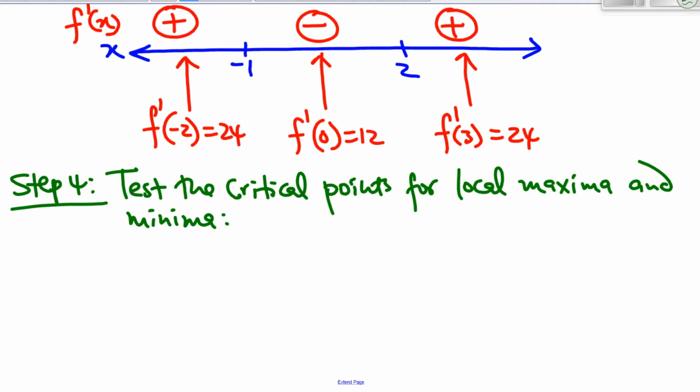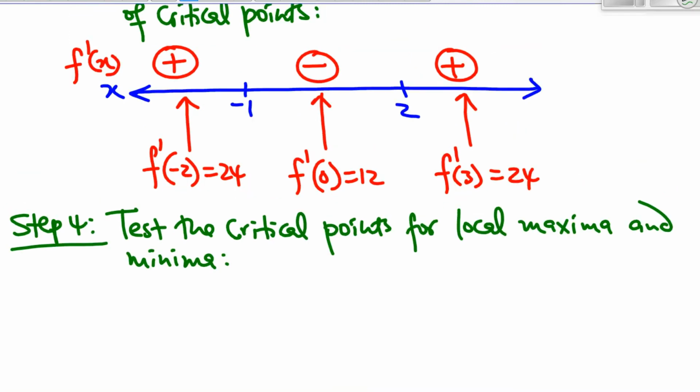Okay, so we know that at x is equal to -1, if you look at the diagram above, we can see that the sign of f dash x changes from positive to negative, which means ideally this will look something like this. Positive to negative, which means that's a maximum point.